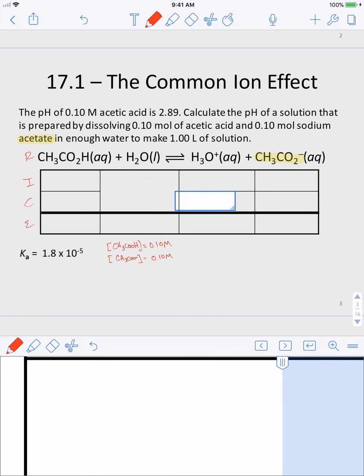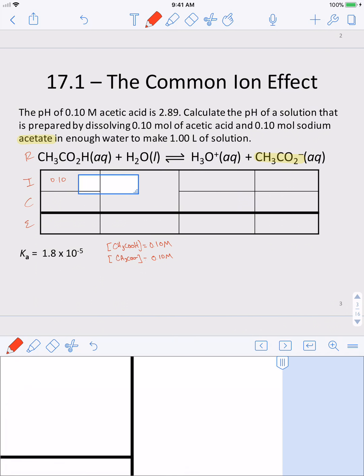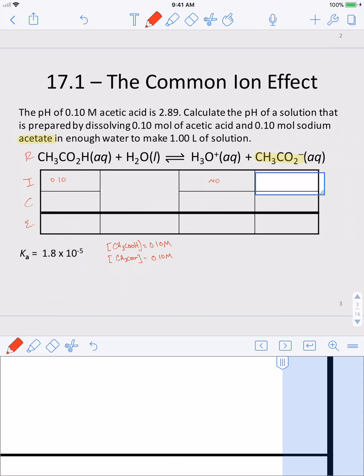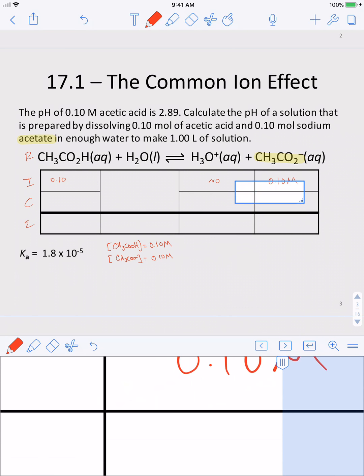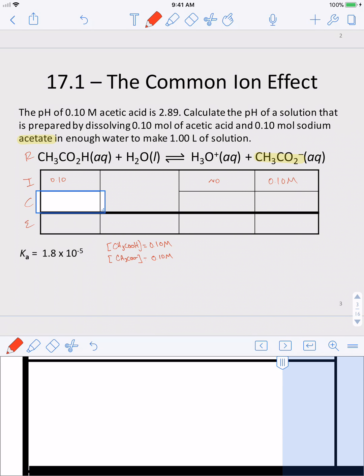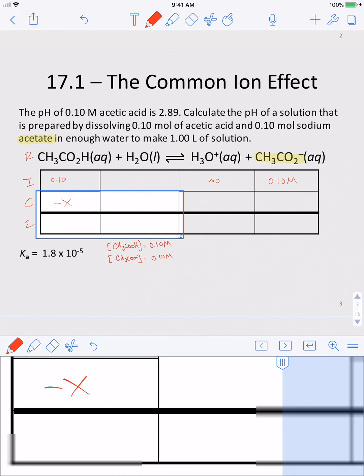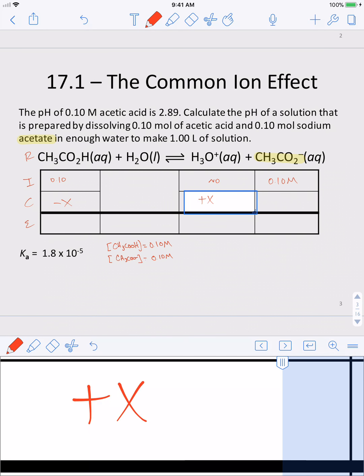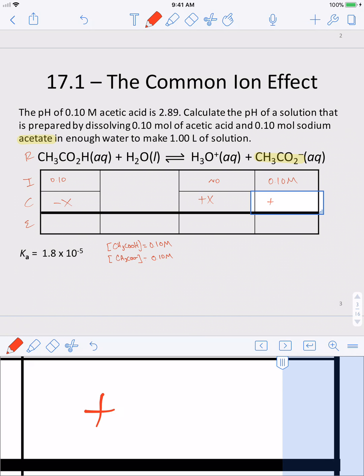All right, so then I go to my Rice table, and initially I put in 0.10 molar, put in effectively 0 here, and again 0.10 molar. Okay, the change, here's where we're going to put negative x again, just like before. I'm going to put positive x here and positive x here.